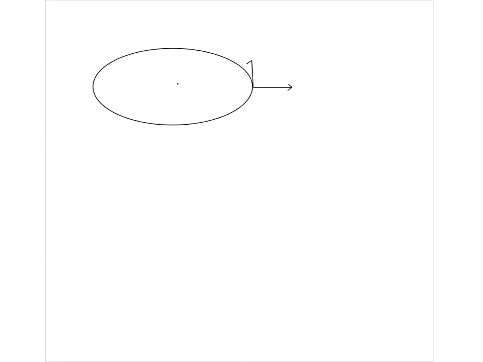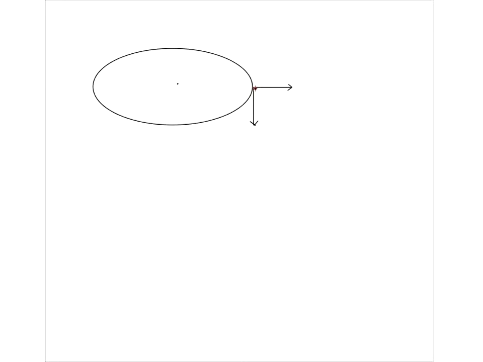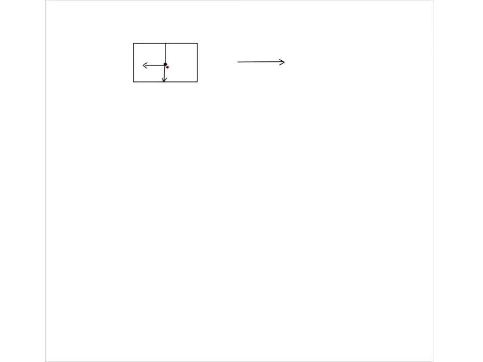So we have a similar situation, just like in this case. Centrifugal force, gravitational force. Here, centrifugal force, actually here I should call it pseudo force.